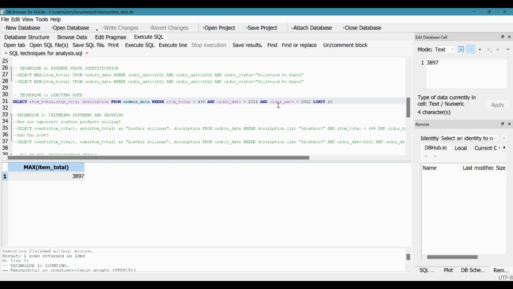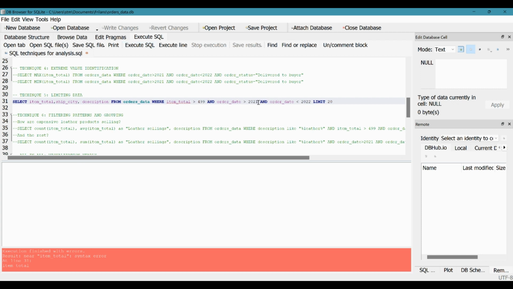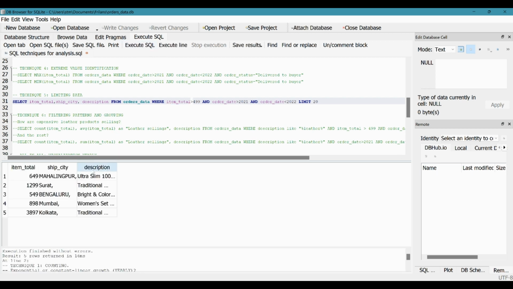In this case, I'm just going to limit the orders in 2021 to more than 499. I don't have so many orders from 2021 for 499, so I wouldn't need this technique in this case.